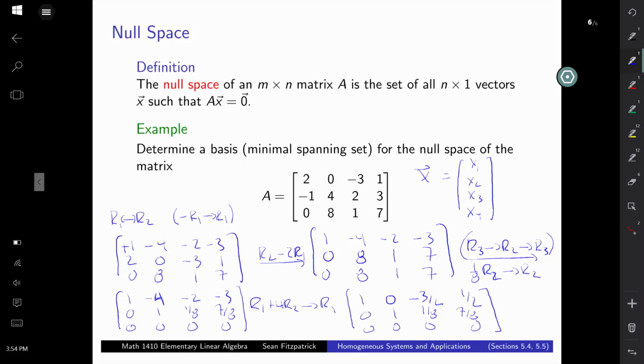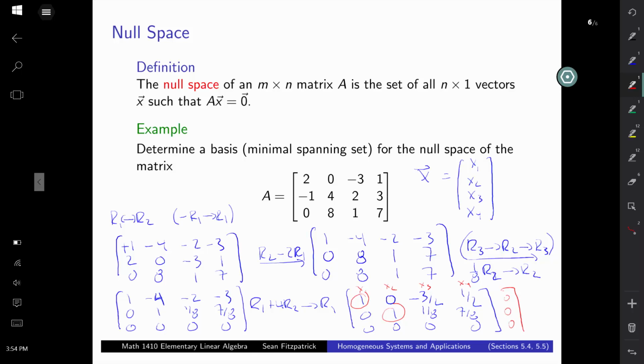So what does this tell me? I'm trying to figure out which vectors satisfy A times x equals 0, and remember that this represents x1, x2, x3, x4. There are leading ones in the x1, x2 columns. There's the column of zeros I don't bother to write.